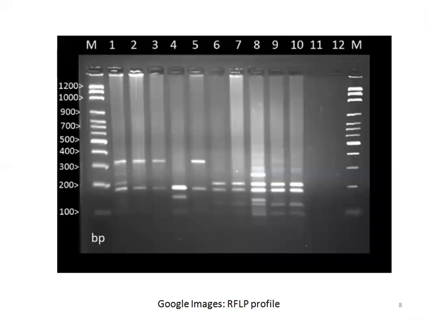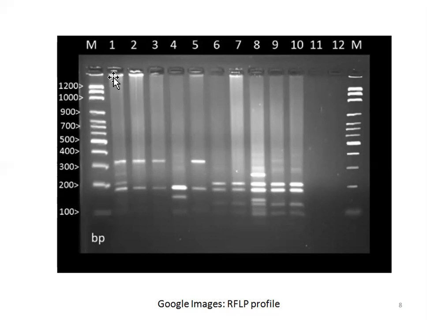Here in this image you can see the comparison of the restriction fragments between species and strains, which is the basis of the restriction fragment length polymorphism analysis after gel electrophoresis. Here you can see this is the marker DNA, and this is the shortest fragment, that is nearly 100 base pairs, and this is the largest fragment, that is nearly 1200 base pairs.